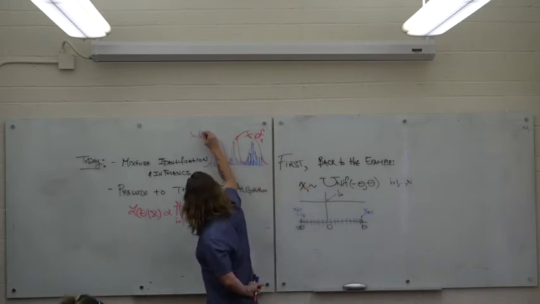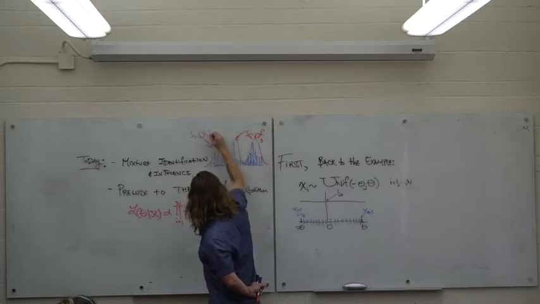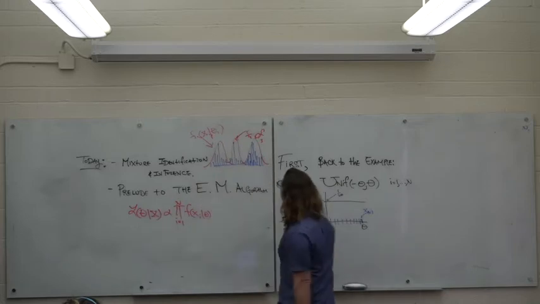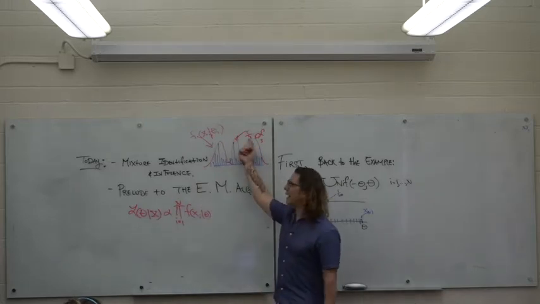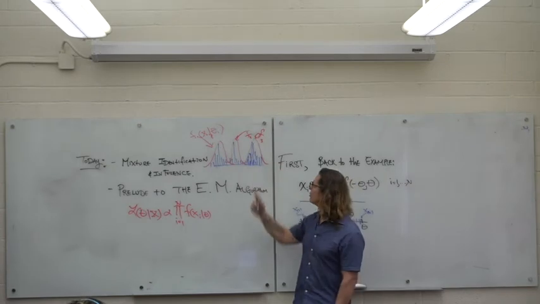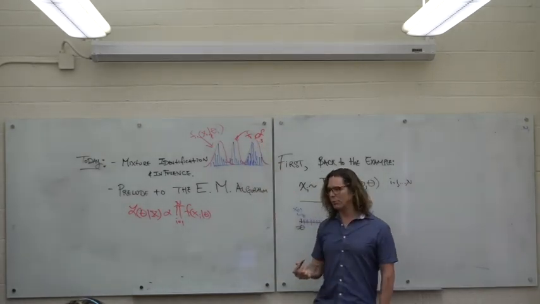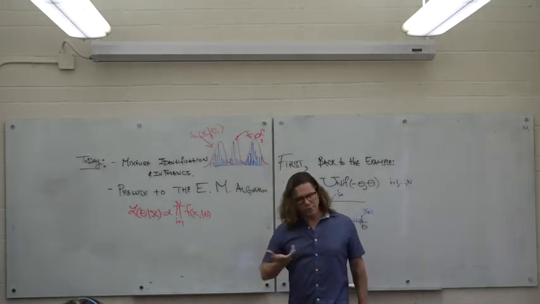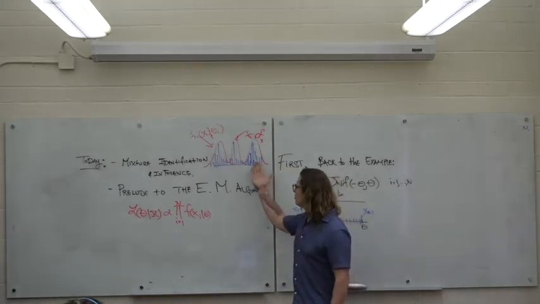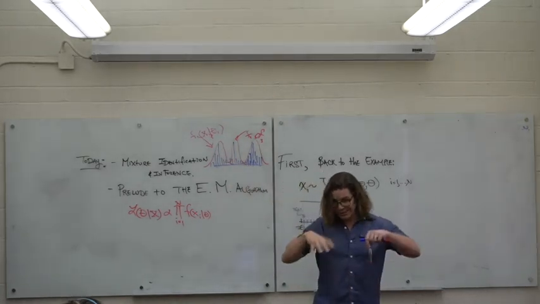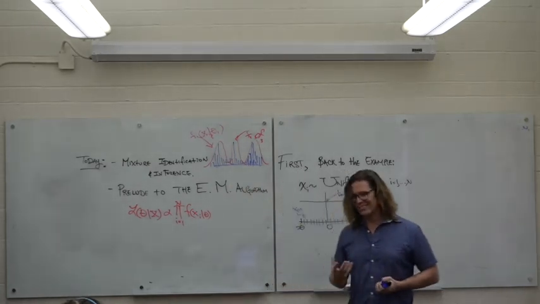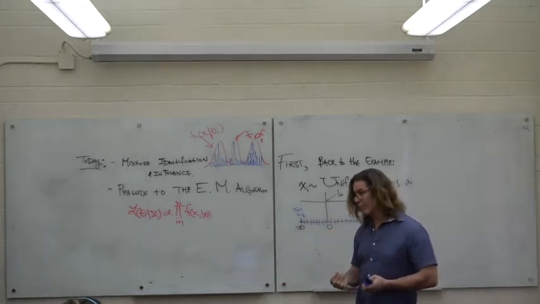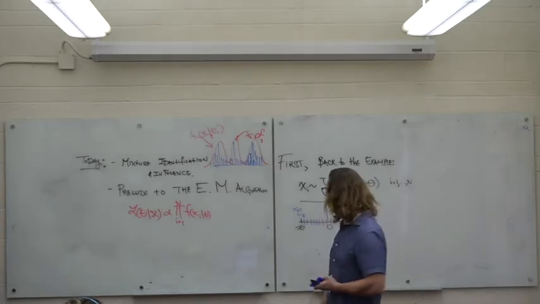I'll call that X1, conditional on its parameter set, which I'll call theta 1, and so on and so forth. This will have its own data and its own parameter sets, and this will have its own data and its own parameter sets. And a big part of this problem is you never get to see which distributions actually induce these different modes. You don't actually get to see which distribution a particular data point came from. And so you have to infer that as well.